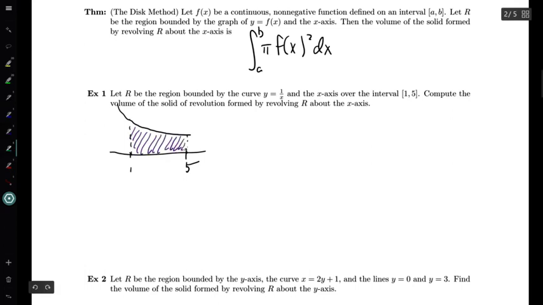And we want to revolve this about the x-axis, giving us a solid which looks something like this. Great, so we have some kind of funny looking cone here.